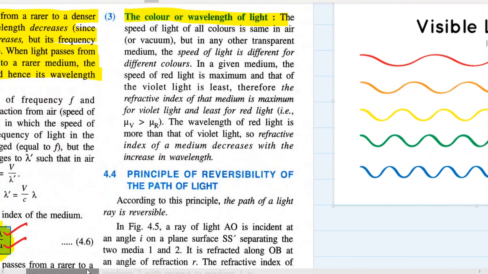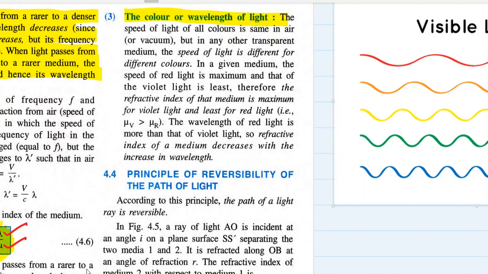The speed of light for all colors is the same in air or vacuum, but in any other transparent medium the speed of light is different for different colors. See, in air, all these colors travel with the same speed, that is 3 into 10 raised to 8 meter per second, because white light is made up of 7 constituent colors.